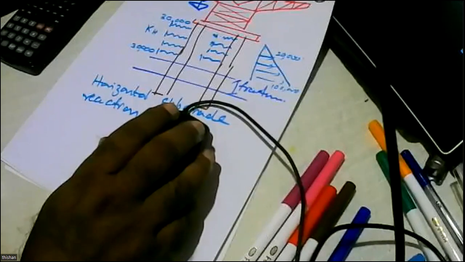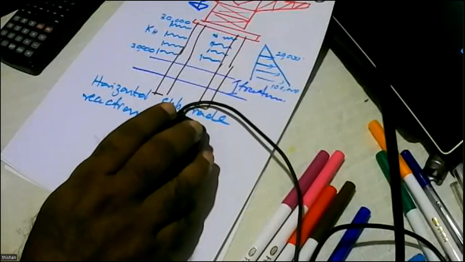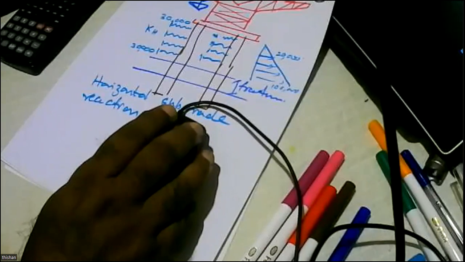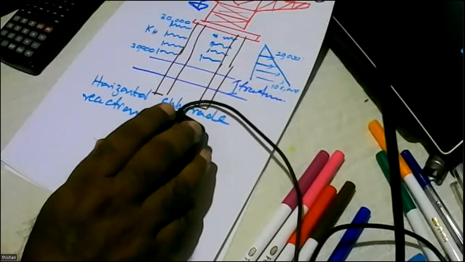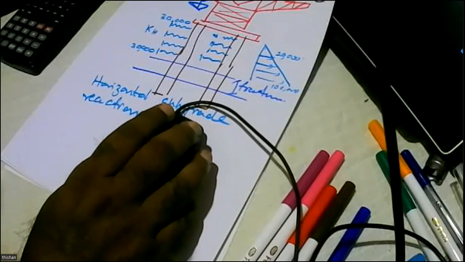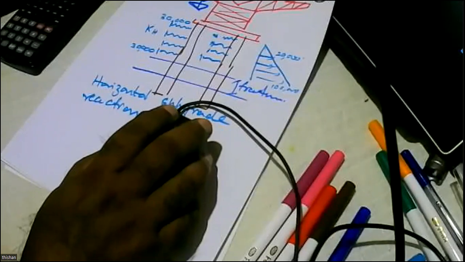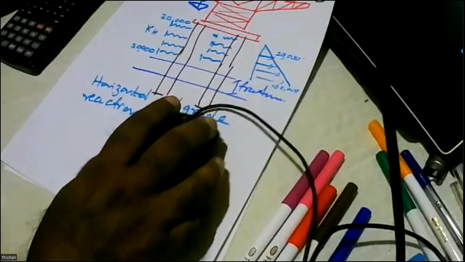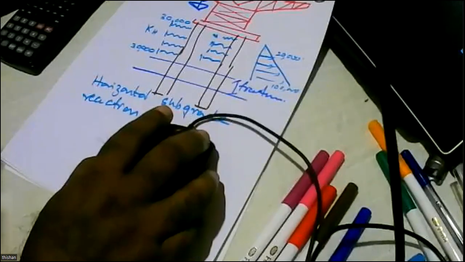Here you can see Z is the depth, D is the diameter of the pile. NH is the coefficient of modulus of variation in kilonewtons per meter cubed. Oh, sorry, I shared.